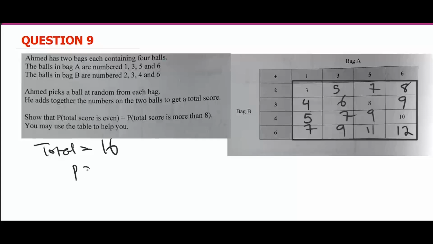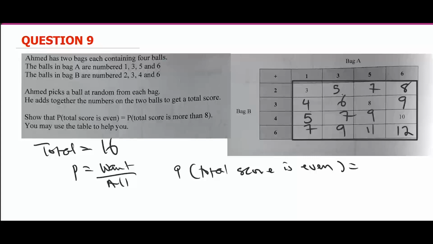Now probability is equal to 1 over all. Okay, so for this first one, what is the probability that the total score is even? So here we want the total score that is even, over all.